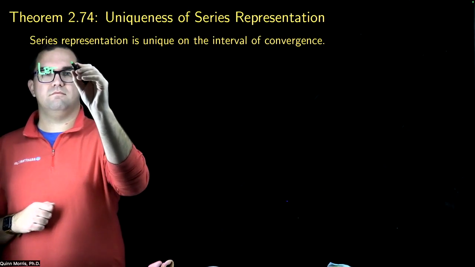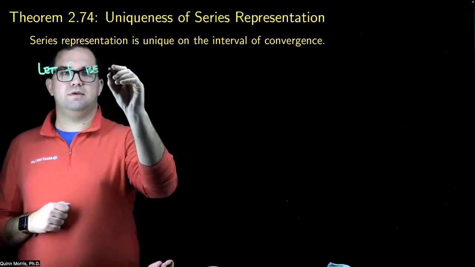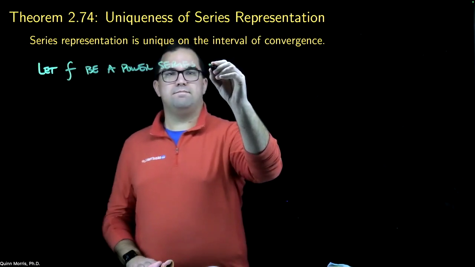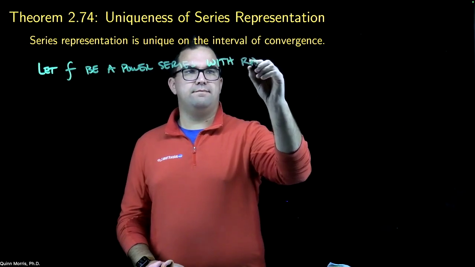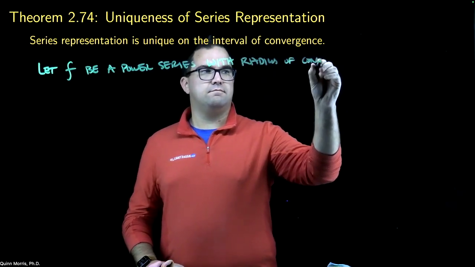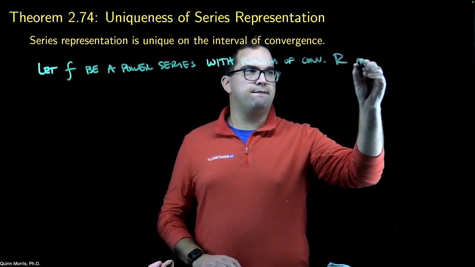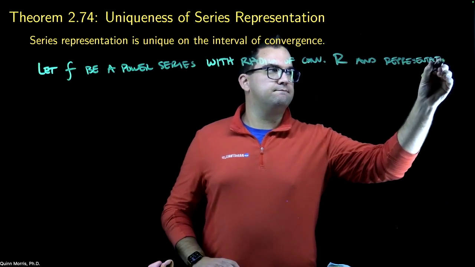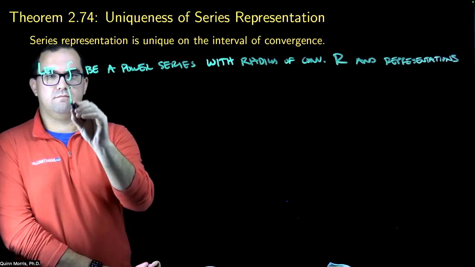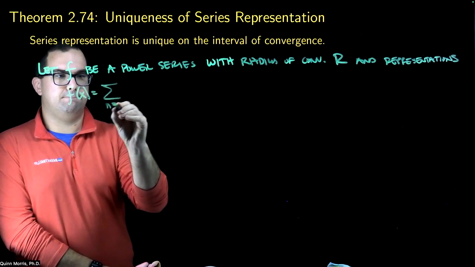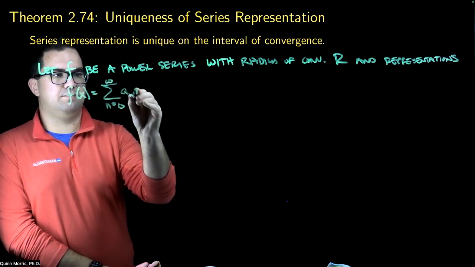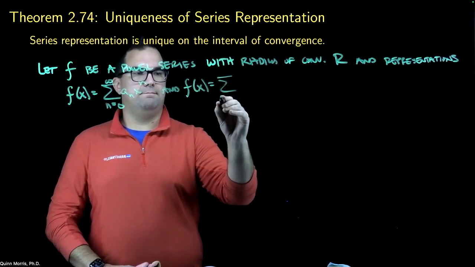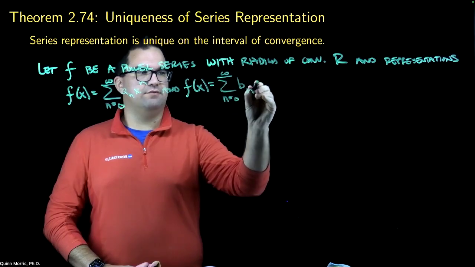So let f be a power series with radius of convergence R and representations f of x is equal to the sum n equals 0 to infinity of a sub n x to the n, and f of x is equal to the sum n equals 0 to infinity of b sub n x to the n, some other set of coefficients.